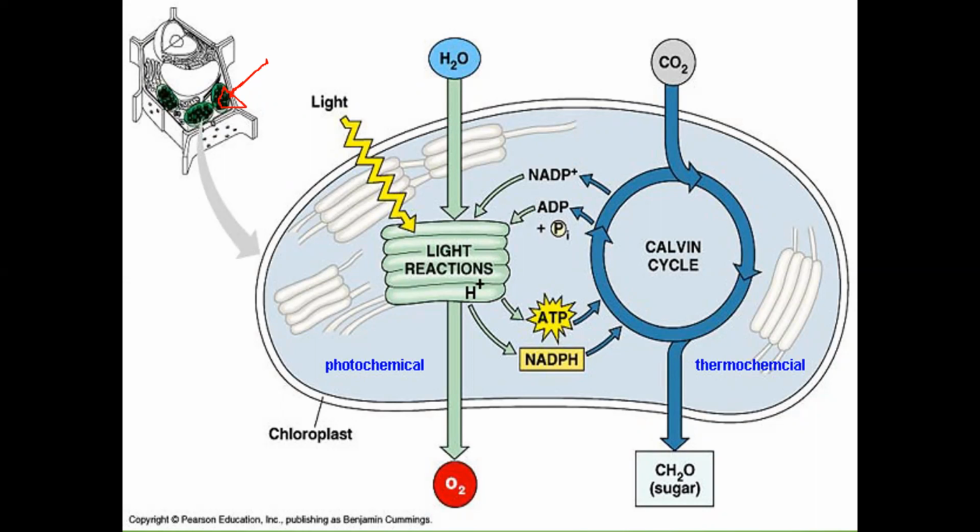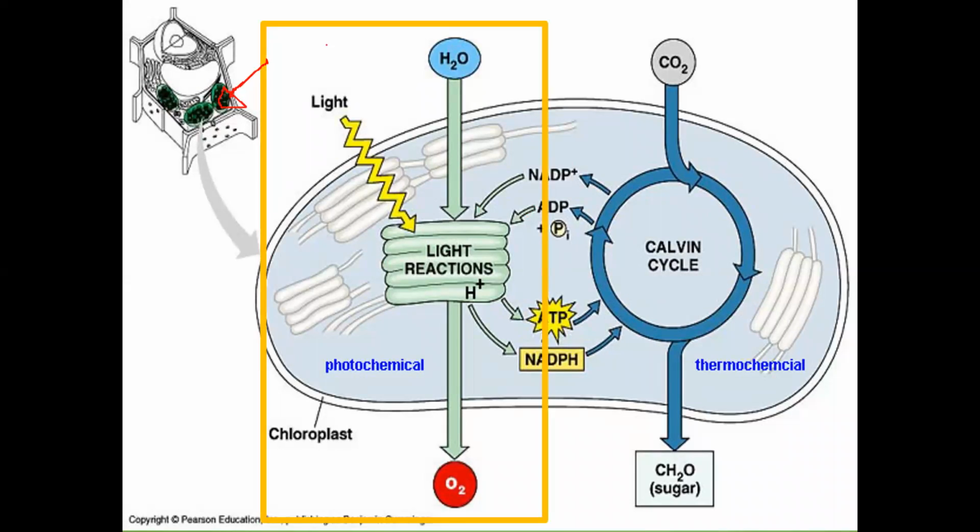Now, if we were going to block this out, we again want to show the two sides of the photosynthetic cycle. We have the one side, which is going to be the light reaction. And if you notice, there are things that are going into and coming out of this reaction.